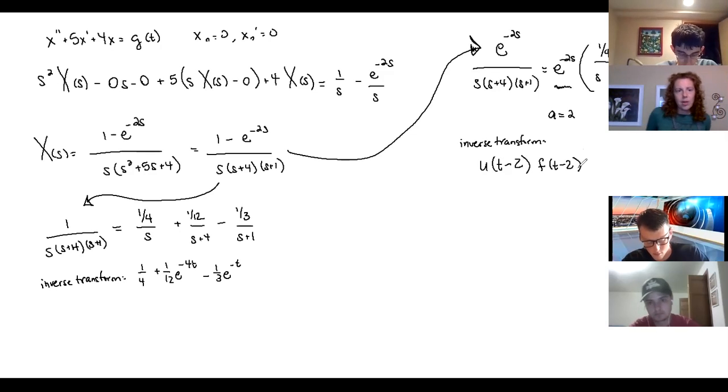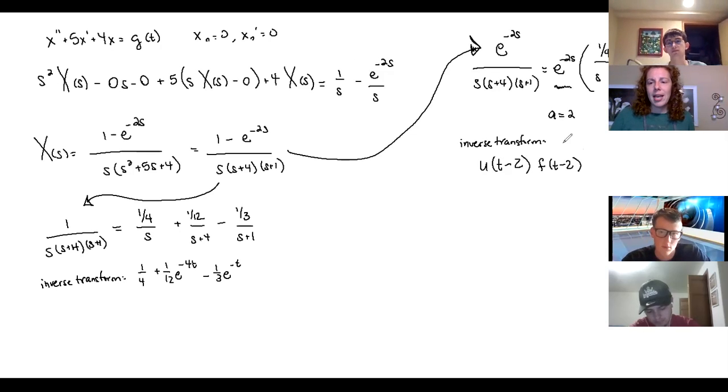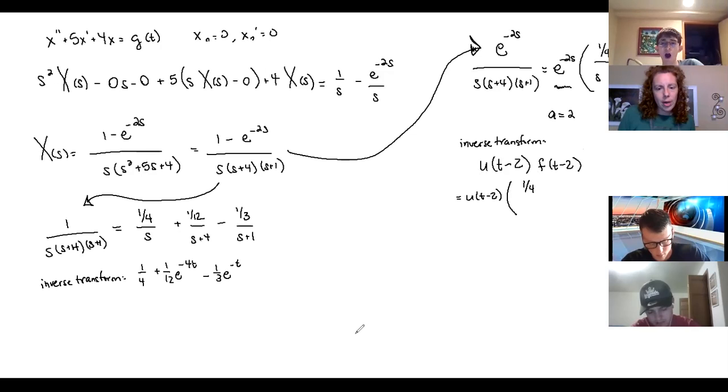That's my inverse transform from what we talked about yesterday, from what we talked about at the beginning of the class. And so I want a u of t minus 2. You could also say u sub 2 of t if you wanted. And then we're going to have 1/4, just 1/4, that does not have a t in it, so there's nothing that I need to worry about there.